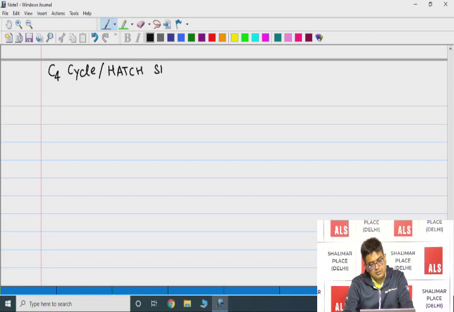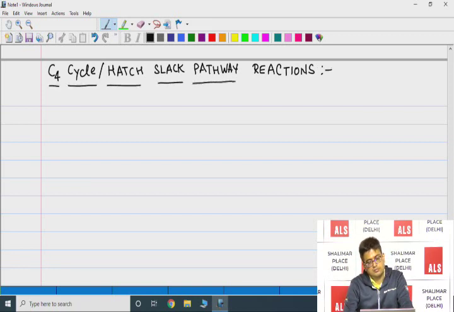Hatch-Slack pathway reactions. So we are going to draw two cells. First is the mesophyll cell.